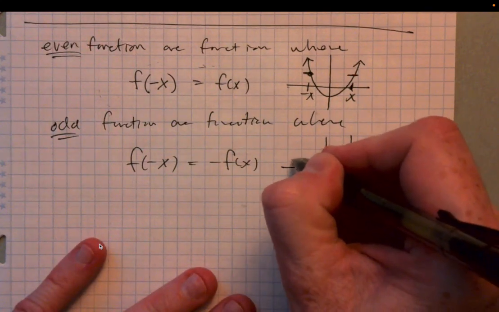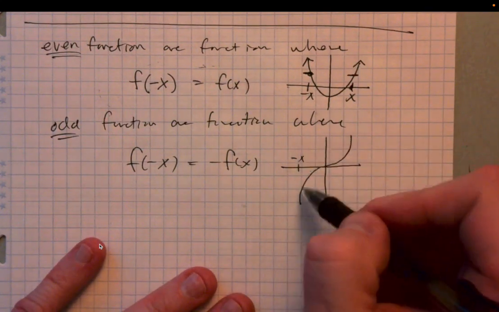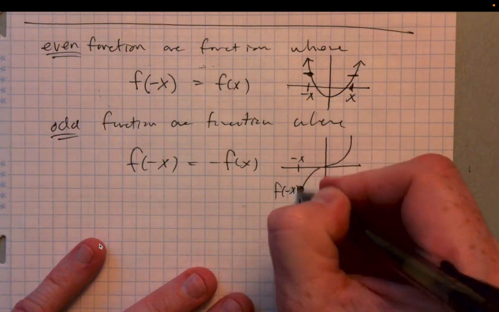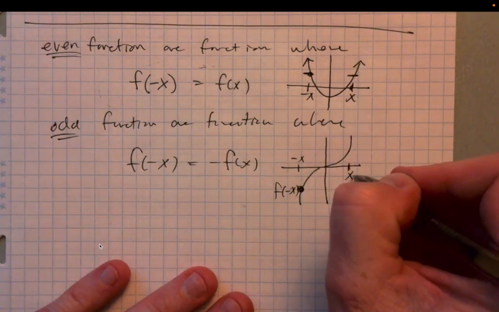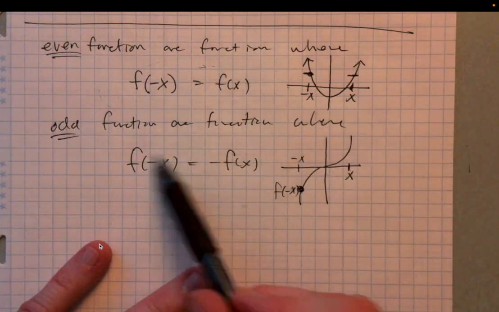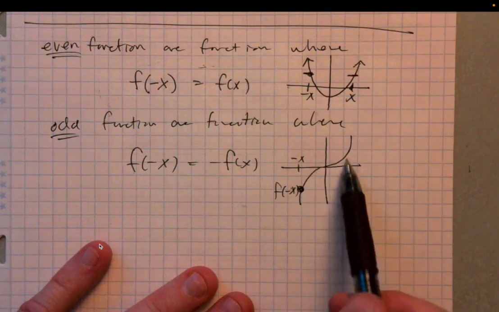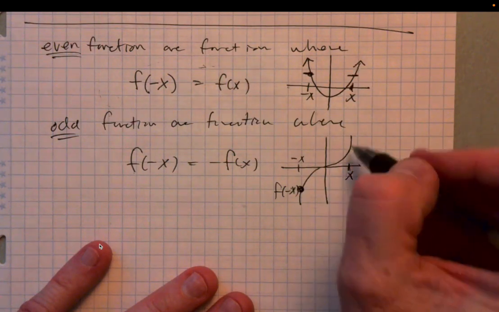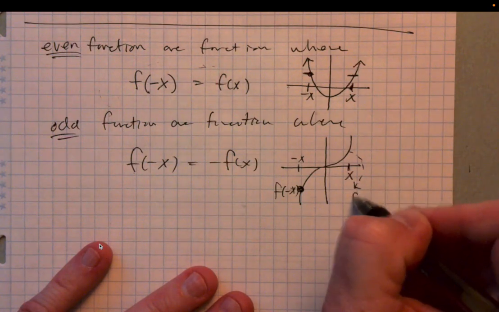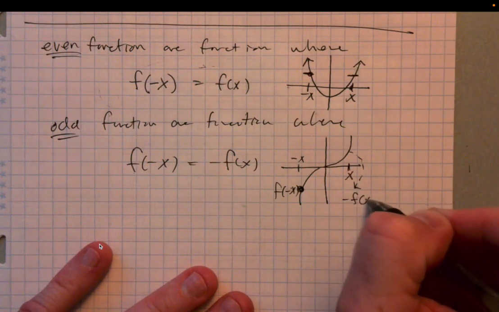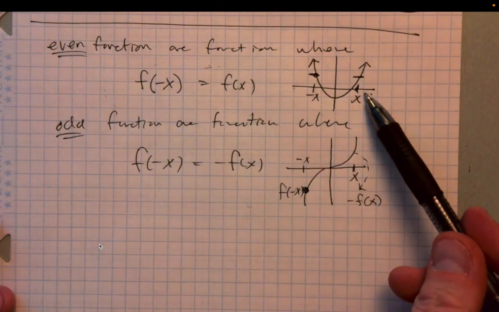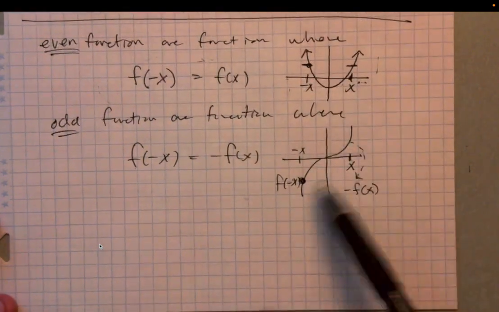So if this is negative x here, then f of negative x is down here. And if this is x over here, in order to make f of negative x equal whatever this evaluates to, we'd have to flip it down here. And so this would be negative f of x. Okay. So this is like an even function. This is what they kind of look like. And this is an odd function.